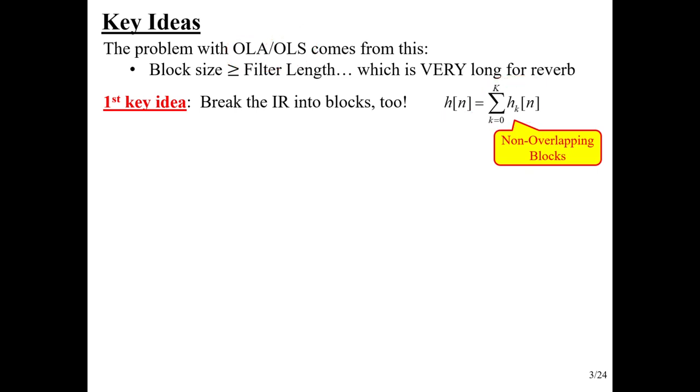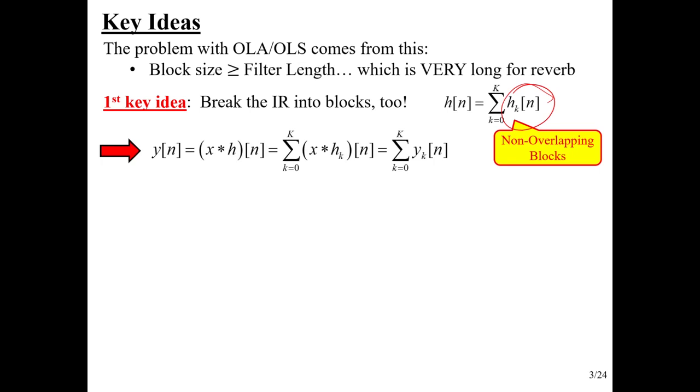We looked at the mathematics of how to write that out for the overlap add case. I didn't go into the details, but each one of these is just something that is non-zero where the other blocks are zero. So if we convolve X with H, since convolution is linear, we can pass the convolution through the sum.